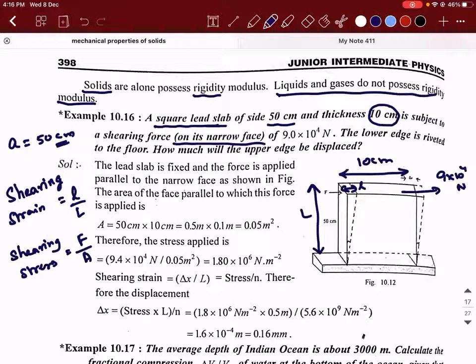But one minute, they didn't give anything about the modulus of rigidity, right? In this question, one data is missing. That is the modulus of rigidity. The value should be given.